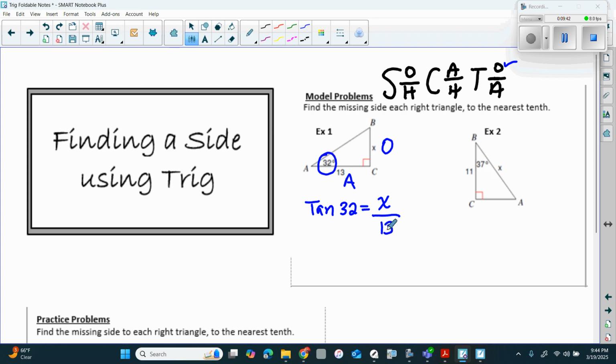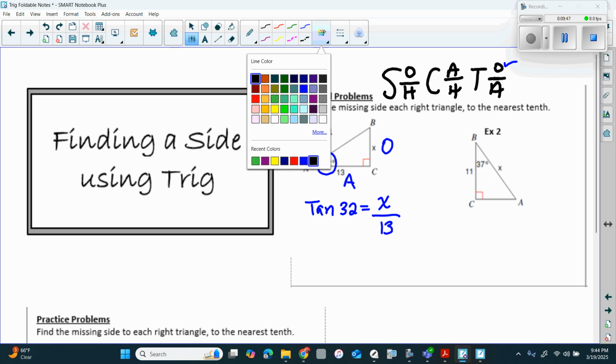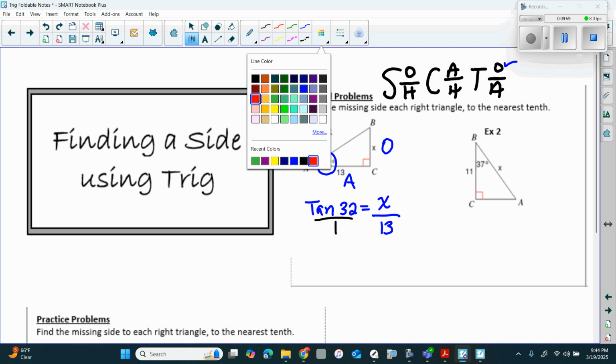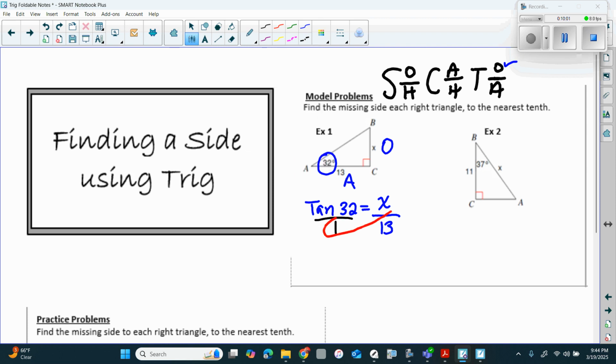Now, to solve this, I'm going to show you a shortcut. The easiest way to do this is to create a proportion. So we're going to put this over 1: 2 ratios that are equal to each other. And then we are going to cross multiply. Well, 1 times x is just x.